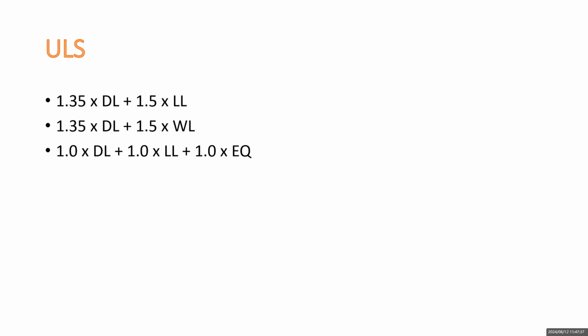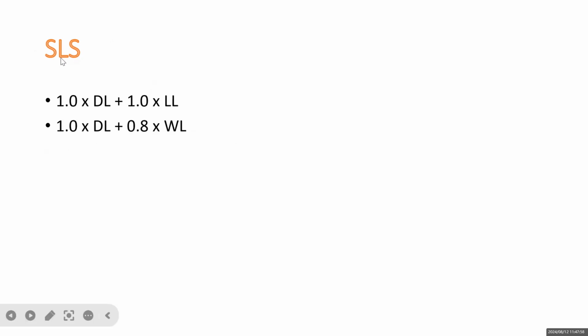Alright guys, let's start. Let me give a quick recapitulation of load combination. First of all, our load combination is going to be under two limits. The first limit is the ultimate limit state, and the second one is the serviceability limit state.